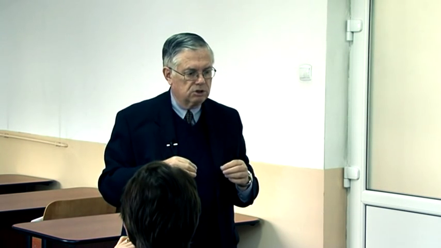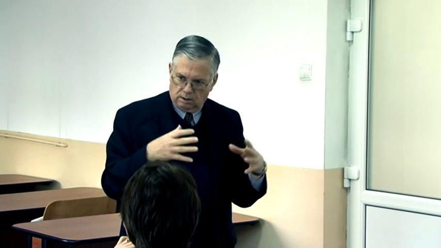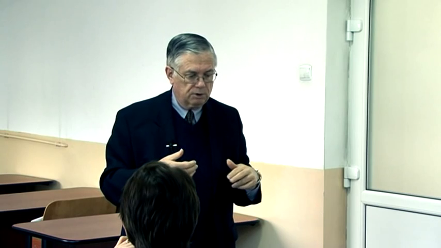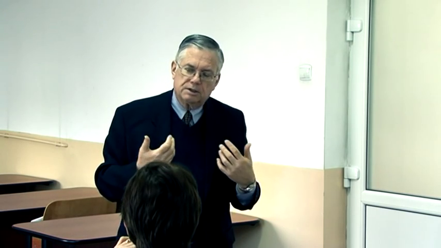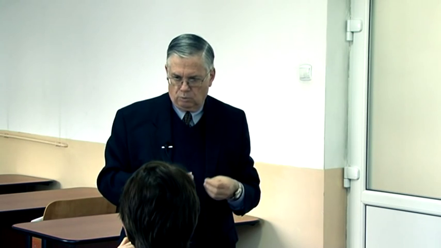A staff position is someone who is adjacent to that line that goes from the top to the bottom, and so they are in a supportive role rather than in a direct activity role.